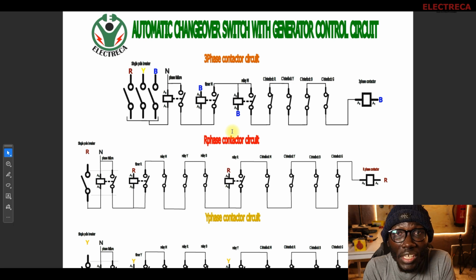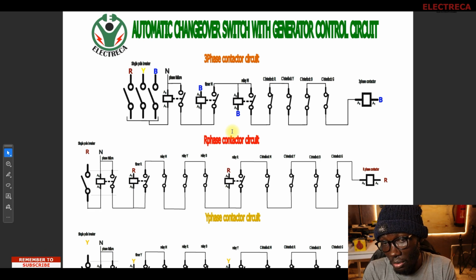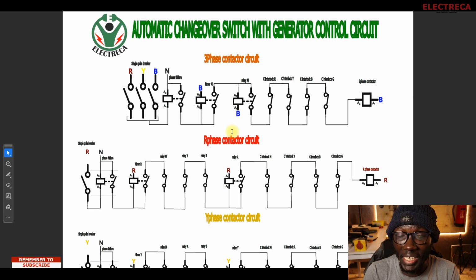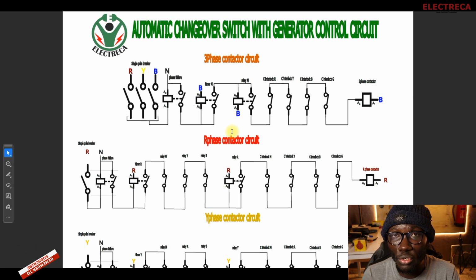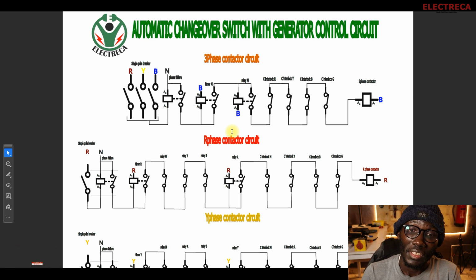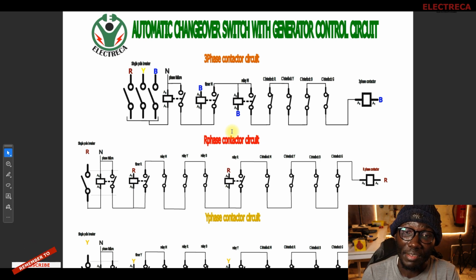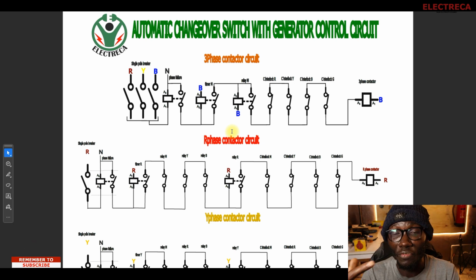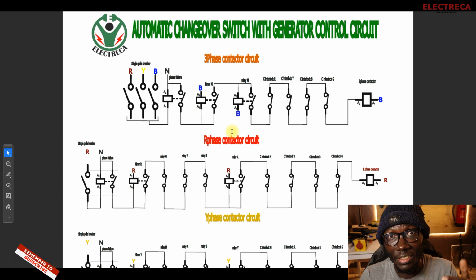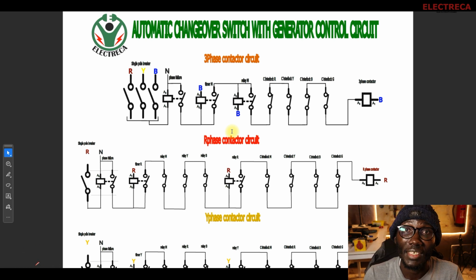If there is a loose connection, for instance, because these are electrical systems, you have to be tightening those contacts quite often. If a phase wire passing through that relay is loose, it can easily snap and probably short with another phase, or with a neutral.